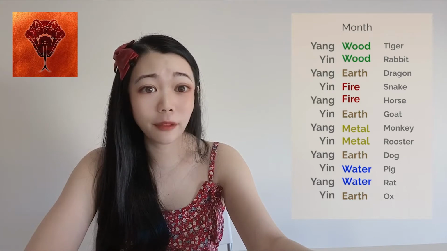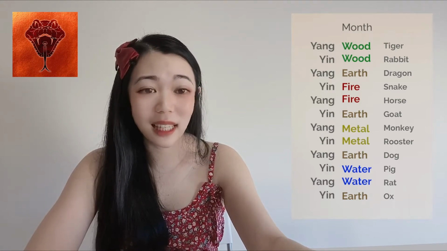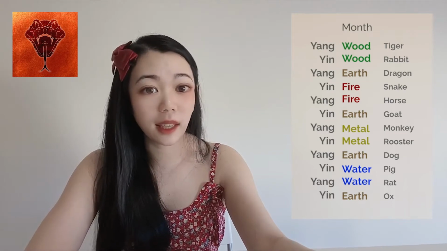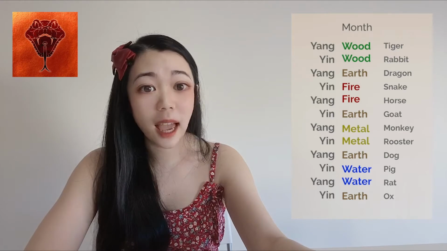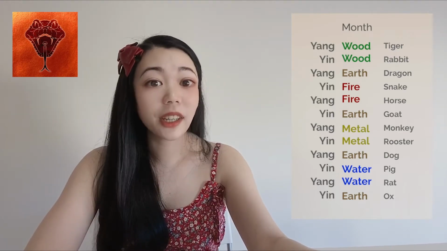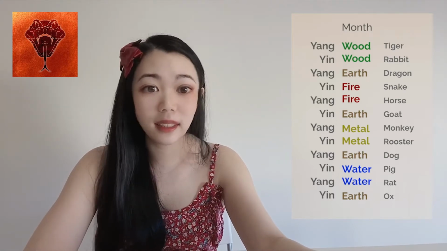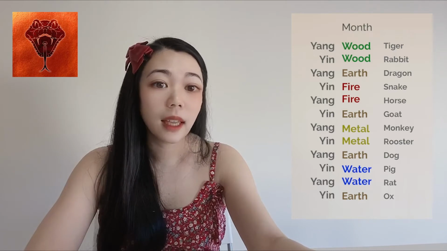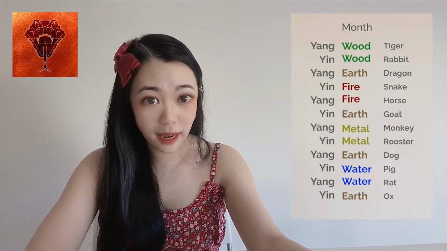I know you're already confused about many things, and I don't want to confuse you more on this. An easy way to understand this is when you first learn the 12 zodiac signs: tiger, rabbit, dragon, snake, horse, goat, and so on. Tiger is yang wood, so it begins with yang, then yin, yang, and so on. See those as labels we put on the zodiac.